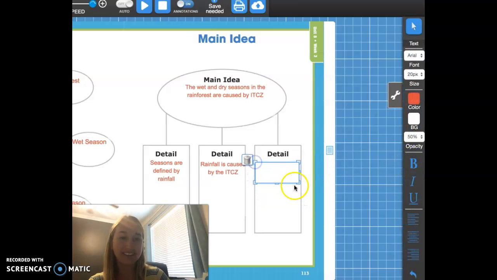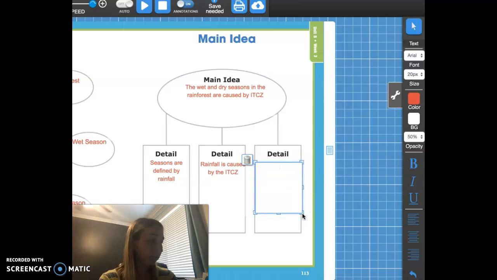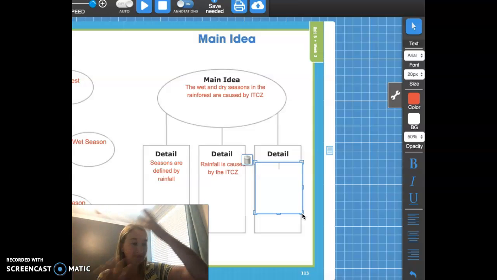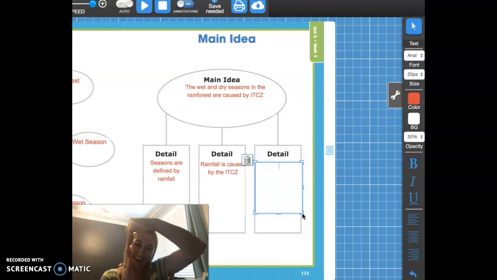There it goes. And what is the last detail to support our main idea, my friends? Go back to your picture, back to your full text or your amplified text, whatever text you want to look at. Let's think about what forms that tropical rainforest belt. When those winds come together, that's what forms that tropical rain belt.